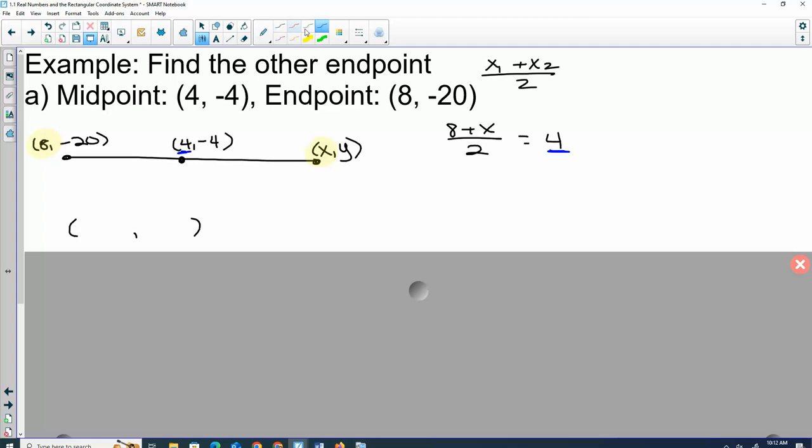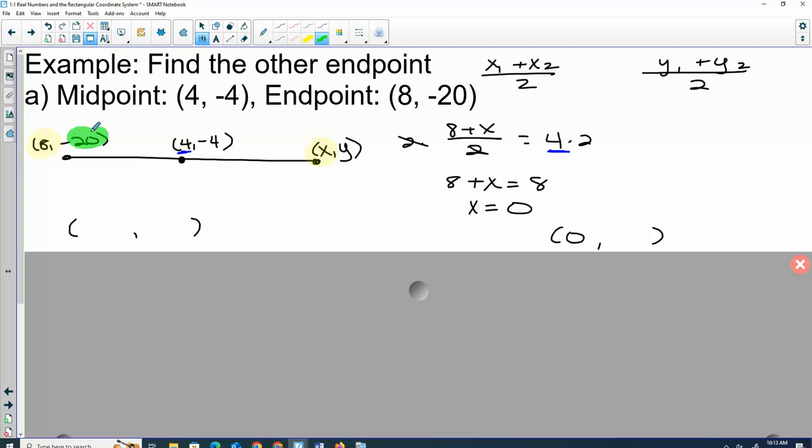Now this is an equation we can solve. You can multiply your 2 over. So 8 plus x equals 8. Subtract over 8, so x is 0. Then you have to get your y, so we do it the same way. The formula for y says y1 plus y2 divided by 2.